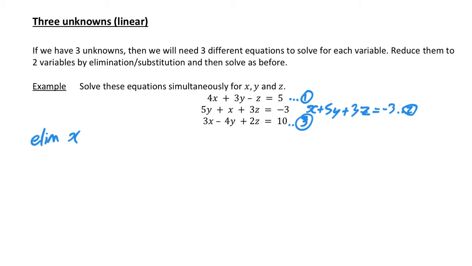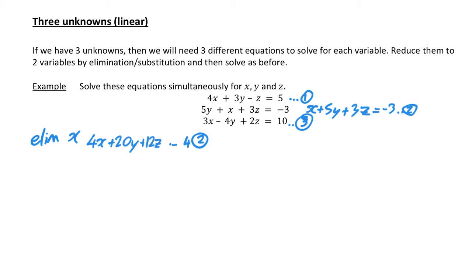So the first thing I need to do is multiply my equation 2 by 4. If I multiply my equation 2 by 4, I will get 4x plus 20y plus 12z.